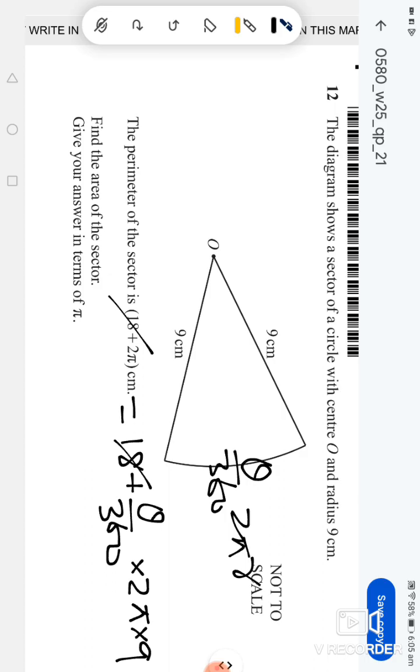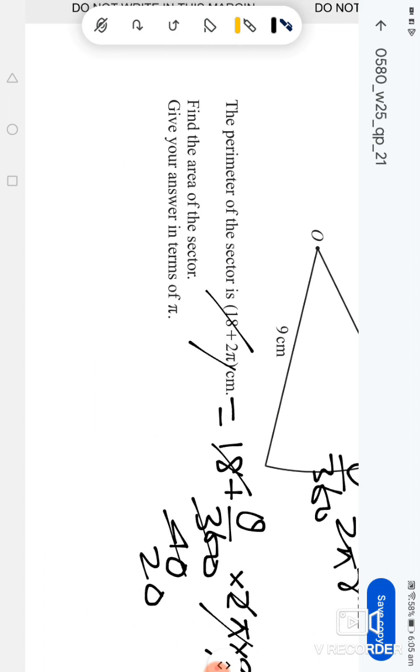Pi also both sides, so pi also cancels. Divide by 9. 9 times 40 is 360, so 2 equals theta by 20. So theta equals 40 degrees.